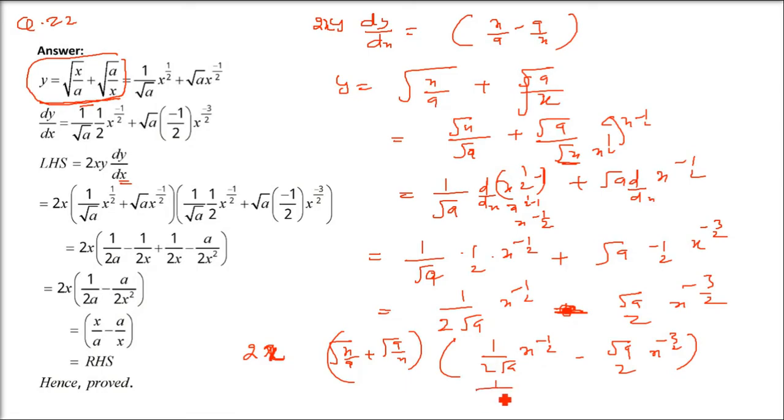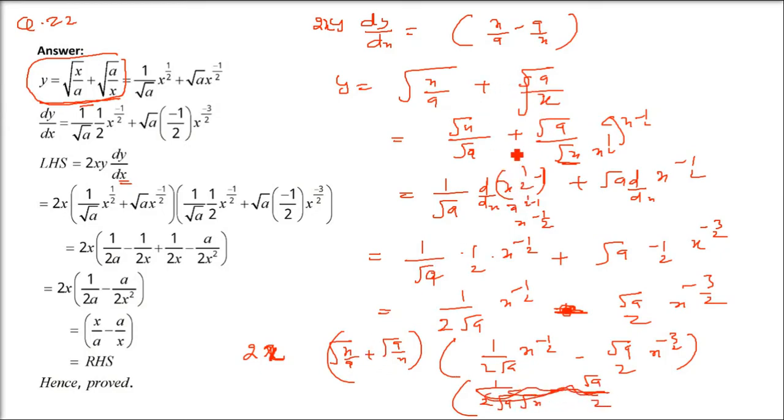X to the power minus half, I am writing it as 1 by 2 root a, this is root x. Minus root a by 2 and this is x to the power minus 3 by 2. How can we write it? We have to multiply it by what is coming.